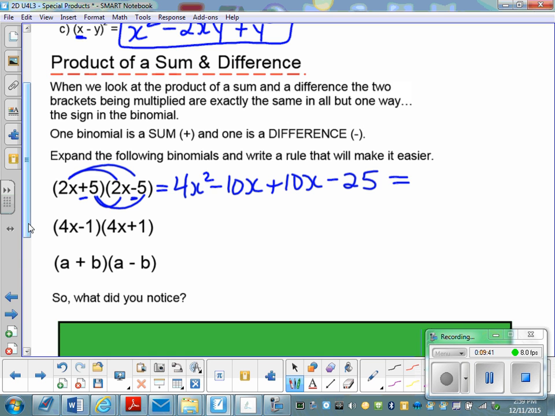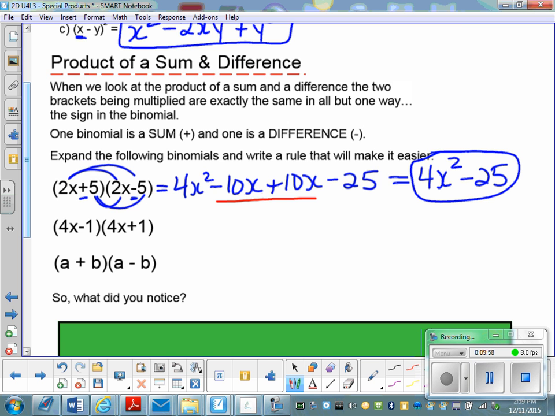And an interesting thing happens here when we've got different signs. Those two look similar, but one's negative and one's positive. So they actually cancel each other out. They create a 0 there. So we're just left with 4x squared minus 25.